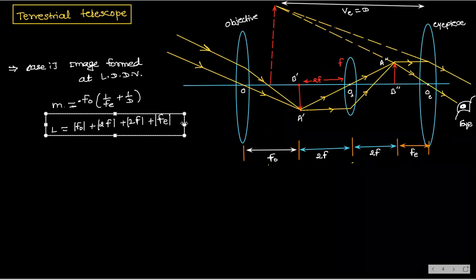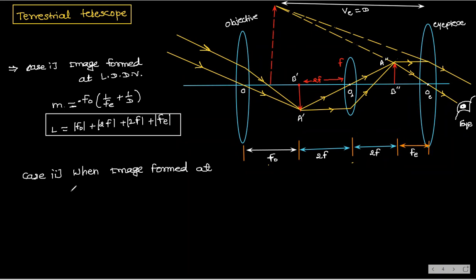Okay, next one, that is case 2, when the image is formed at infinity, then the magnifying power m is equal to simply f naught by fe.